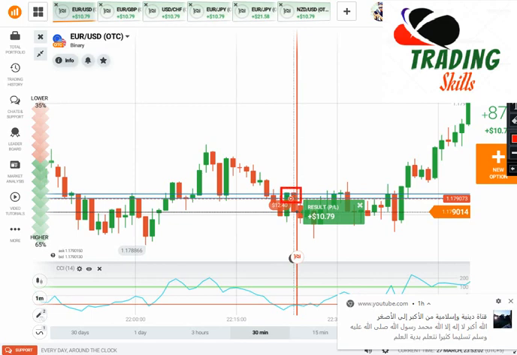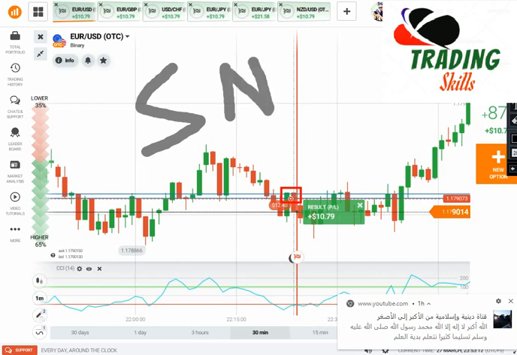Now the first thing you need to know is what SNR is. S means support, N means and, and R means resistance. So this is an SNR, and you can see it is a support. And R means resistance.